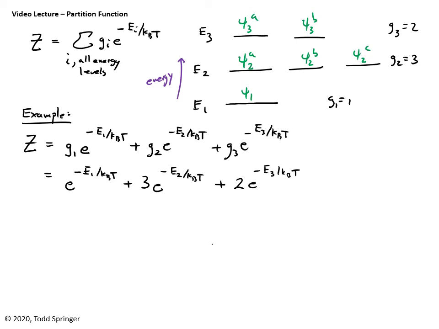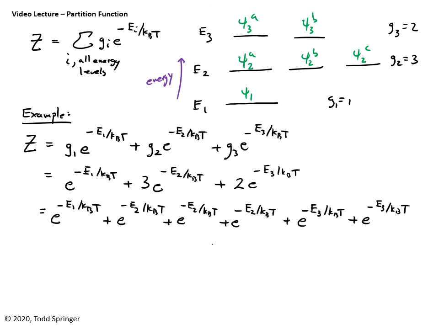And let me do something which seems kind of silly: let me write out that factor of 3 as 3 separate terms. So I wrote it out so that there's no factor of 3 or factor of 2 anymore. You can see all of these here have energy E2, and all of these here have energy E3.